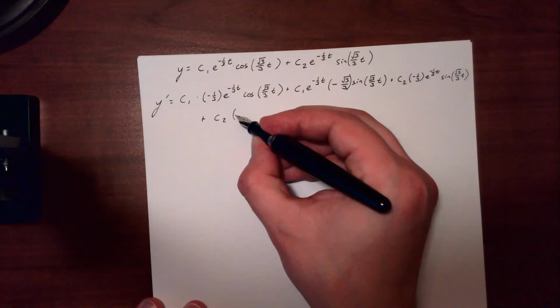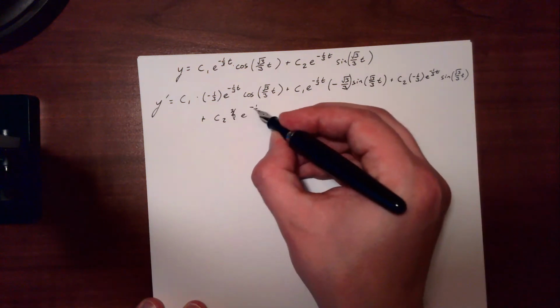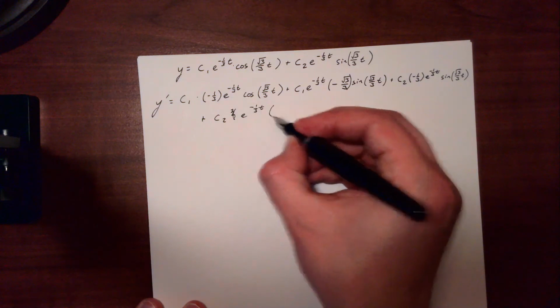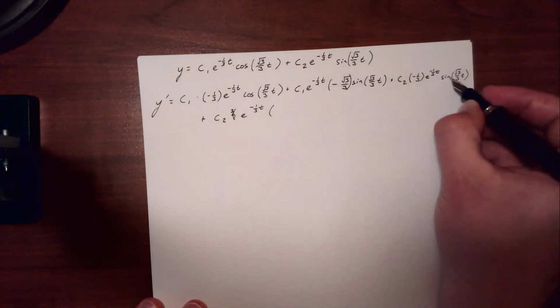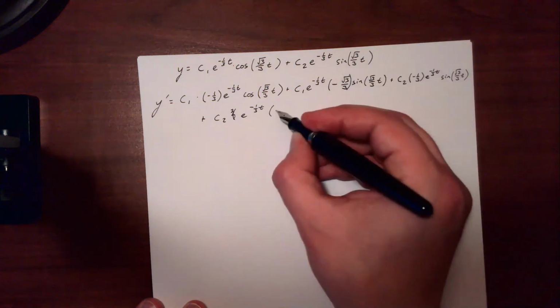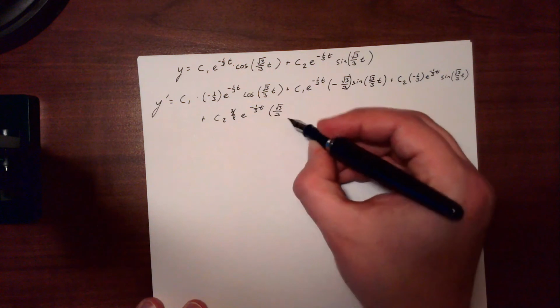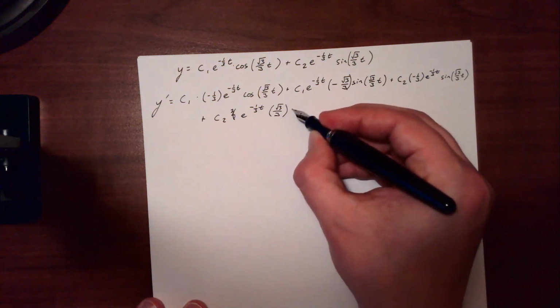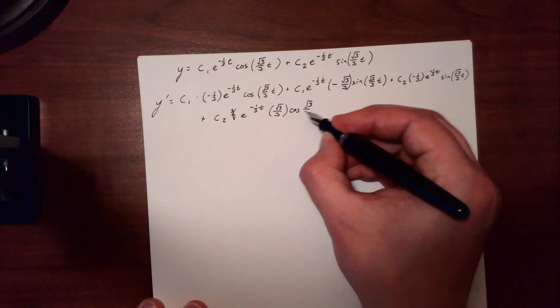We are leaving the e to the negative 1/3 t where it is, and we are now multiplying by the derivative of the second function here, which is going to be root 3 over 3 comes out from the chain rule. And now it's just going to be cosine root 3 over 3t.